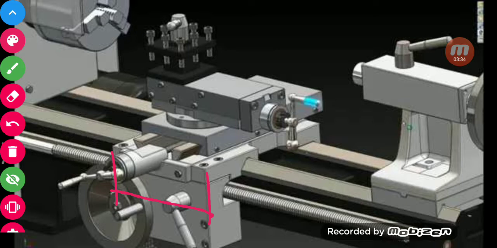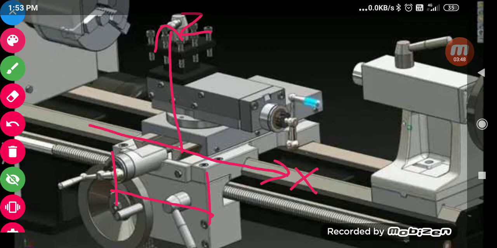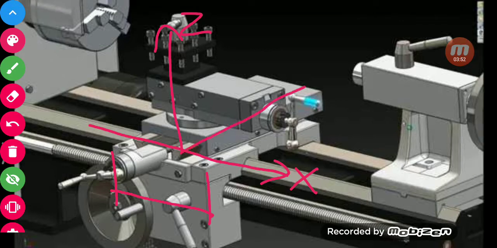So I will first of all draw the x-axis. Okay, so that is your x, and along the center somewhere here, that is your z-axis, and your y-axis is in this direction.